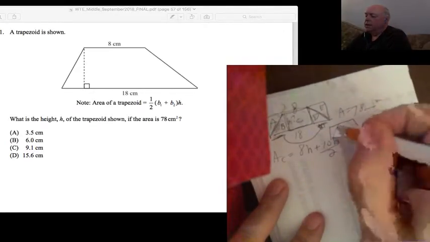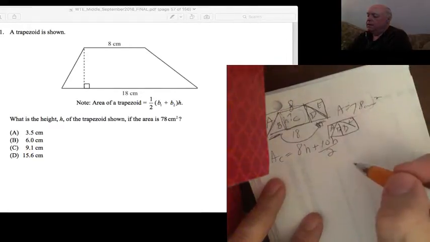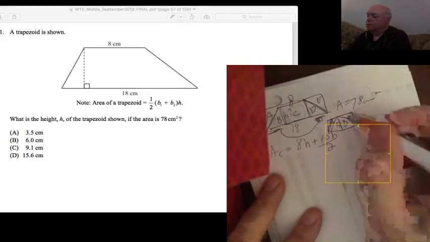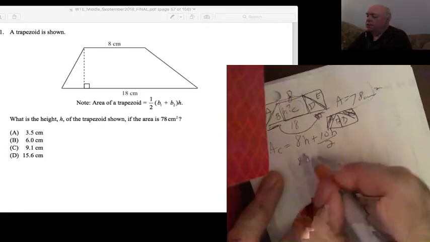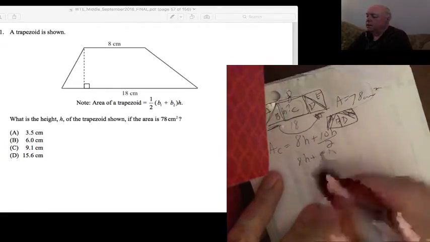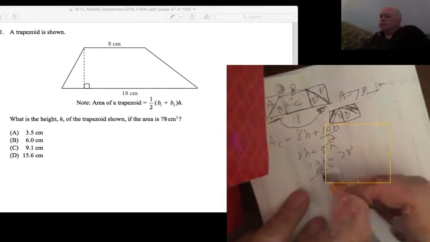So we don't need A and we don't need E. We just need half of it. So we're going to get 8H plus 5H, or 13H, equals 78, which should give us the 6 back. Yeah, that gives us that back. So that's kind of cool.